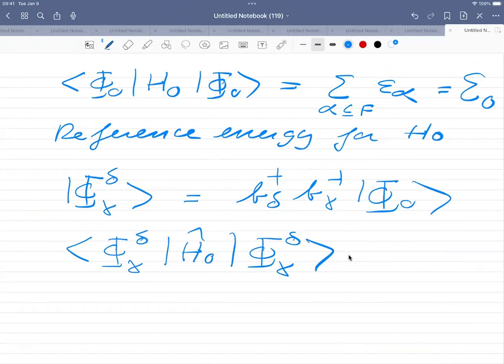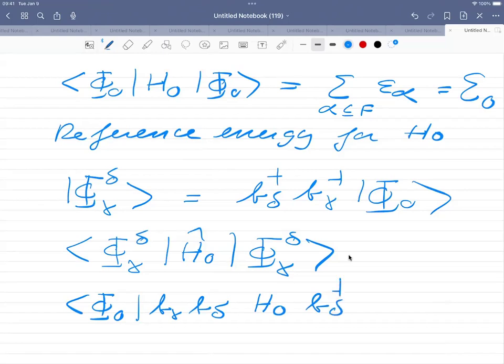So what we will end up with then is a set of operations where we have phi 0, and then I'm going to have a B gamma, a B delta, and I have now the operator, which I just write as an H0. And this contains now B delta or B gamma dagger of phi 0.